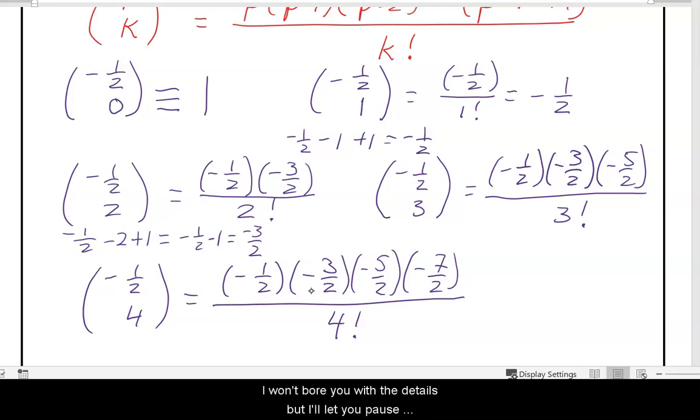I won't bore you with the details, but I'll let you pause the video if you want to compute what those numbers turn out to be. I prefer fraction form since it's more meaningful to me and more precise in terms of understanding what it means. Take a moment now to pause the video, compute those values, then turn it back on to check your answer.